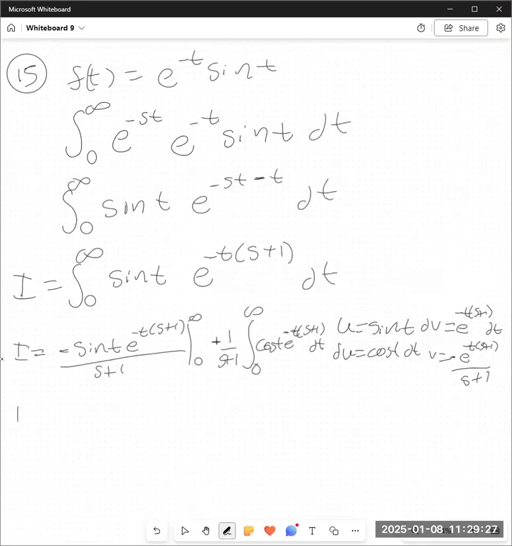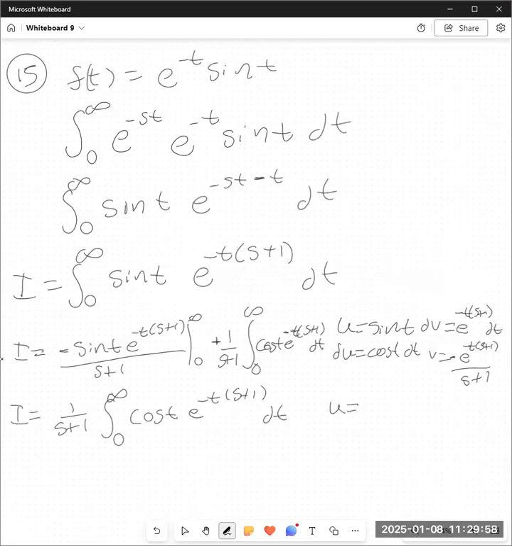And we'll simplify this a little bit. At infinity, this part's going to be 0. That part's kind of a constant. So 0 plus 0, that's 0, leaving me with 1 over s plus 1 times the integral 0 to infinity of cosine t e to the negative t times s plus 1 dt.